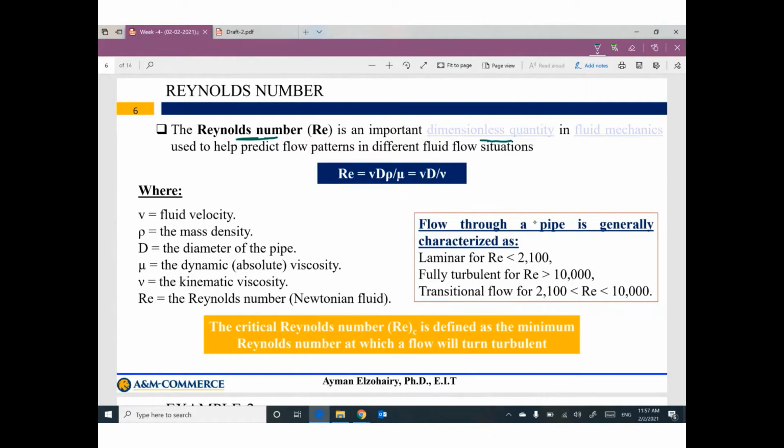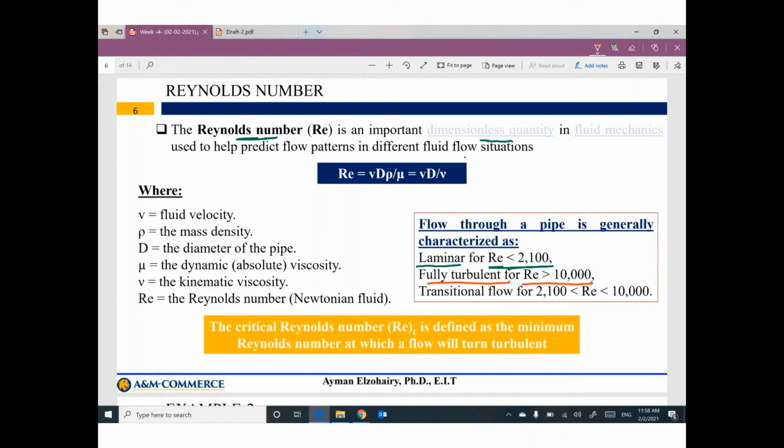It helps to predict what the flow pattern is in different fluid flow situations. What do you mean? If the Reynolds number is smaller than 2,100, that means this flow is laminar flow. If this number is greater than 10,000, that means the flow is fully turbulent flow.